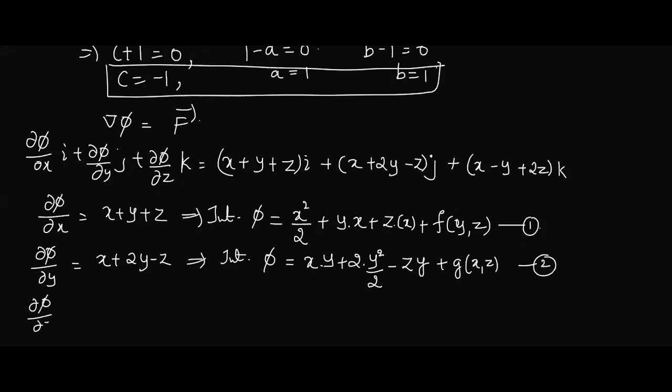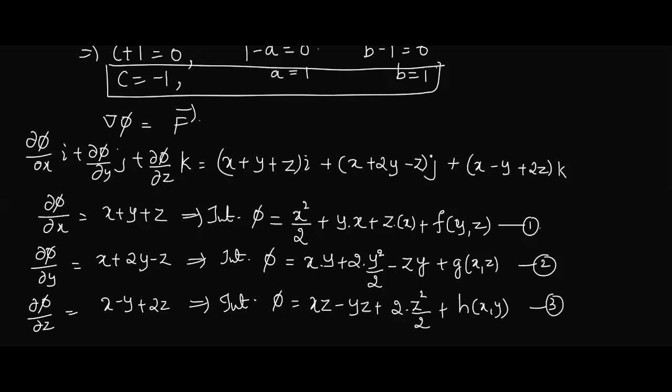Dou phi by dou z equal to x minus y plus 2z. Integrate with respect to what? Integrate with respect to z. So we'll get phi equal to, the integration of x with respect to z is xz, minus y becomes yz, and for 2z, the integration of z is z square by 2. Correct?